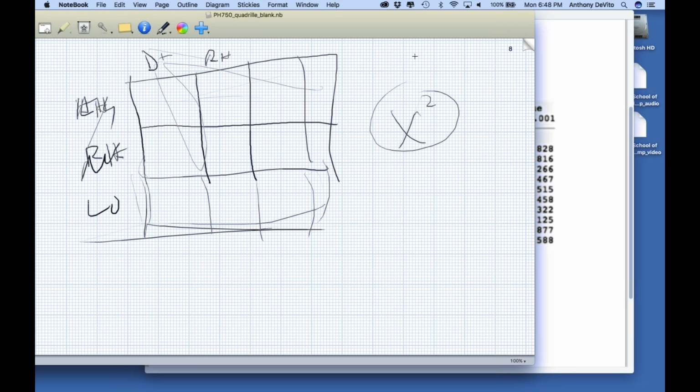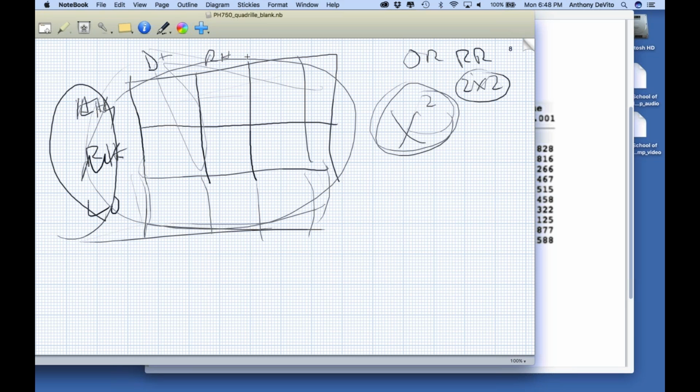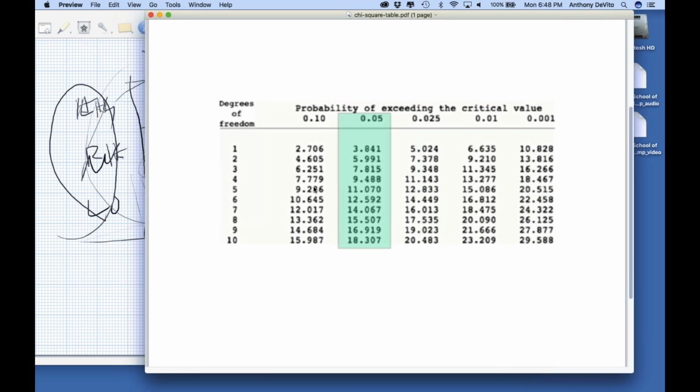When we deal with odds ratio and relative risk, we're exclusively dealing with 2 by 2 tables. But with chi-square, we can work with tables that have multiple rows and columns, to determine whether there's an association between an exposure and a whole bunch of different outcomes. When we do that, we use a different number of degrees of freedom.